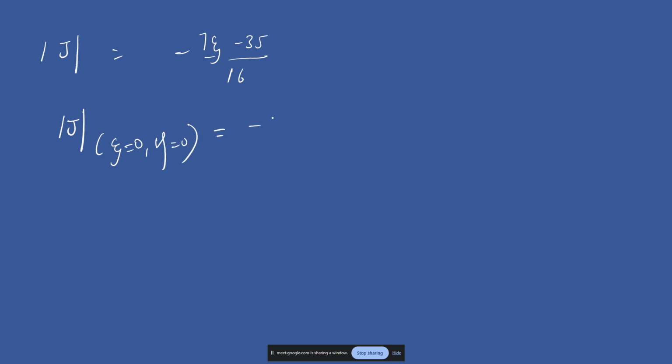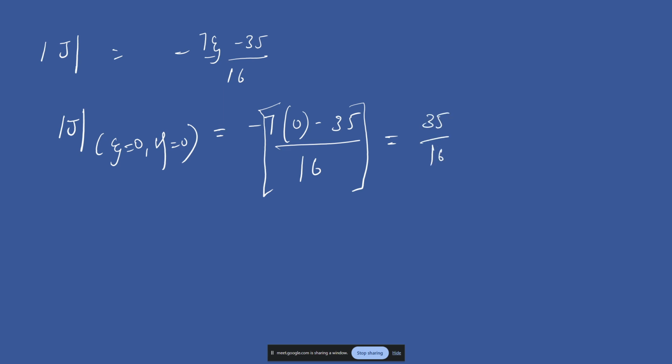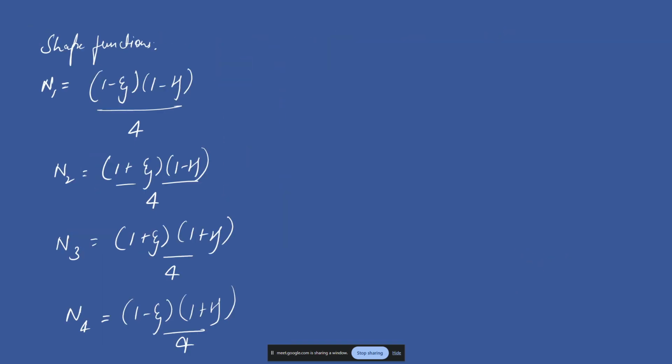For that particular case, you can put minus 7 times 0 minus 35 over 60. So the final answer will be 35 by 60. So this is your determinant of the Jacobian at this point, which is equal to 2.17. Okay, so this was your first part.